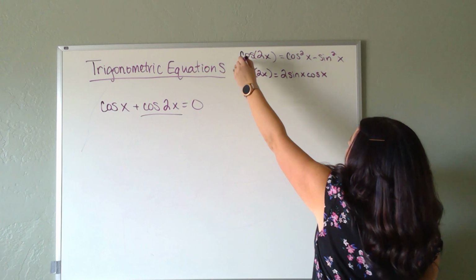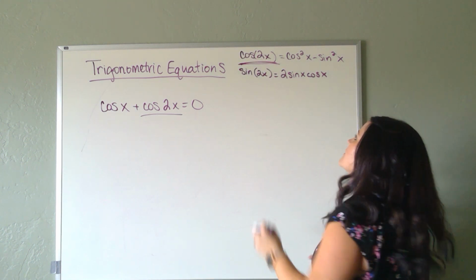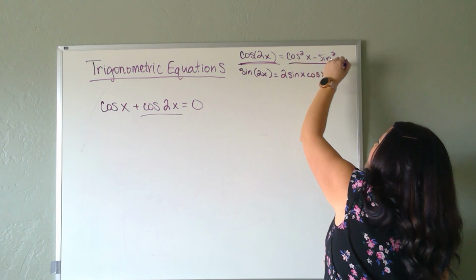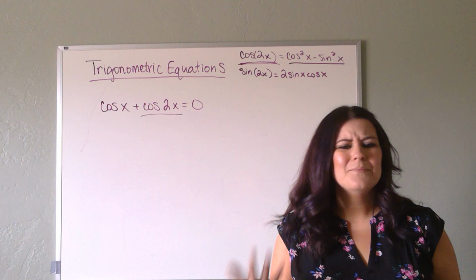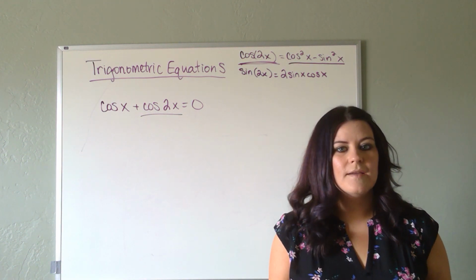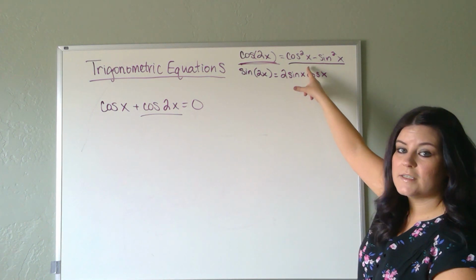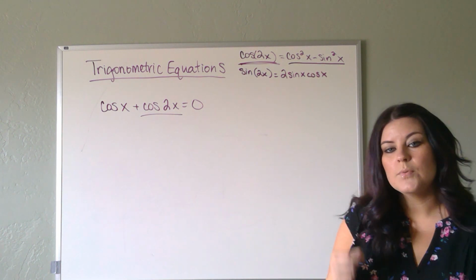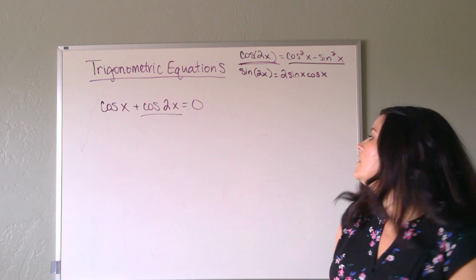Another way to write cosine 2x is cosine squared minus sine squared. Now, yes, I'm putting a sine in there and I'm putting squareds in there, so you think, oh, that's going to be worse, right? But it's not worse because notice the argument, or the angle, is just x. It's more important to me to get all of the angles the same.